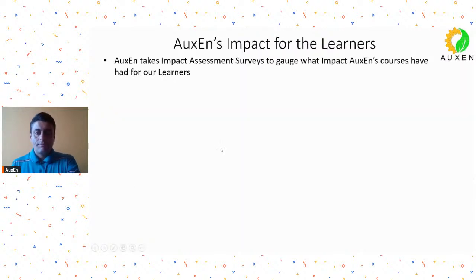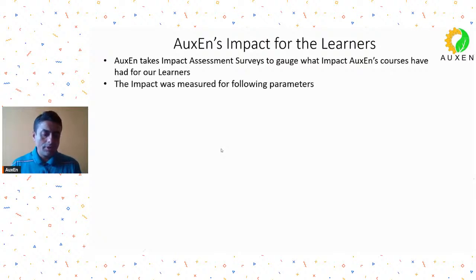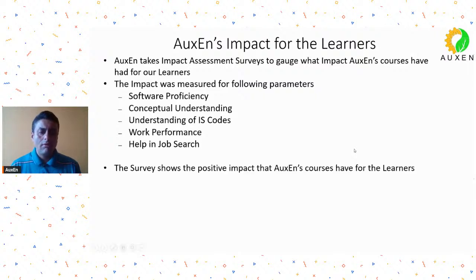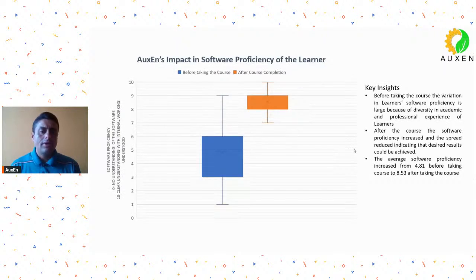Before I move to the details of the project that we are going to do, a few quick slides on our impact on the learners. For those who have seen these presentations before, we always add this slide. We conducted an impact assessment survey of our participants and plotted that data to understand what impact we are making, marked under different parameters.